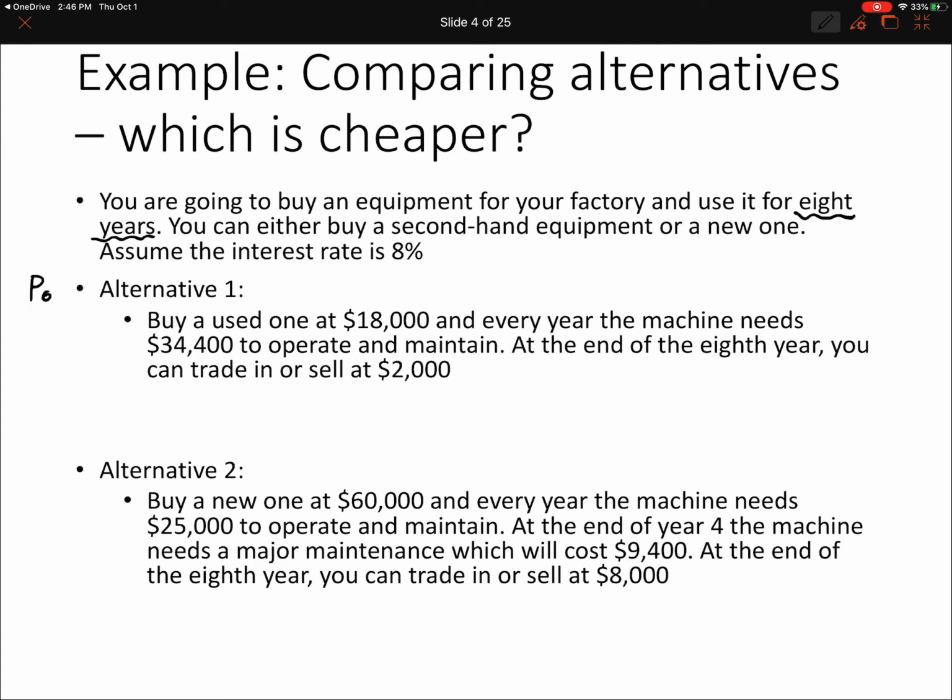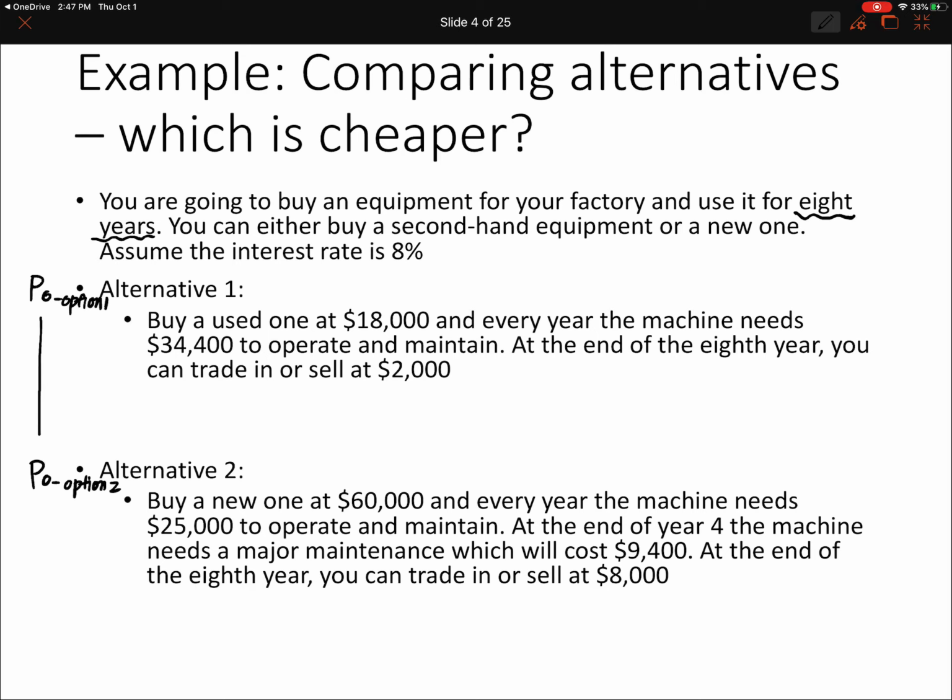So in the end, you want to have a P0 for alternative 1. You also need to have a P0 for alternative 2. Okay? And you want to compare these P-values. We write P0 option 1 and the P0 option 2. So just to let you know, you're going to have two P-values from these two options. And then you want to compare which one is less negative, because they're all costs.